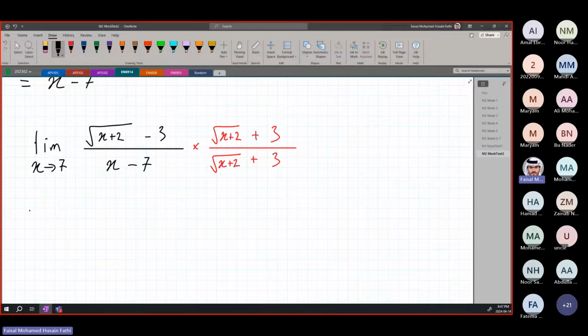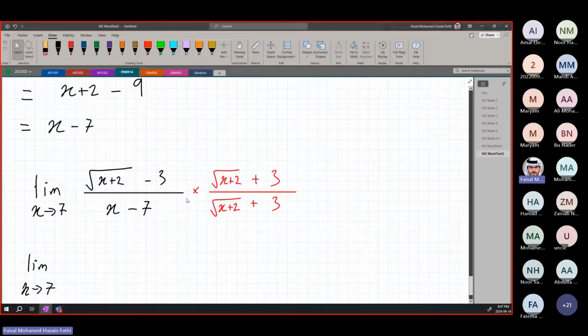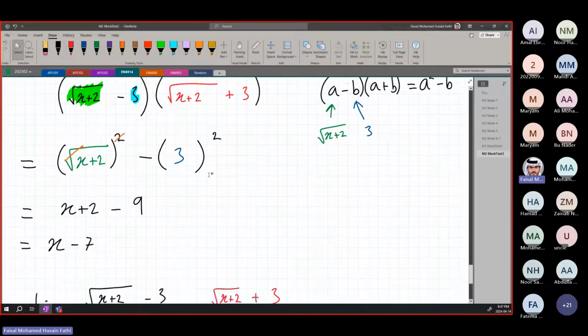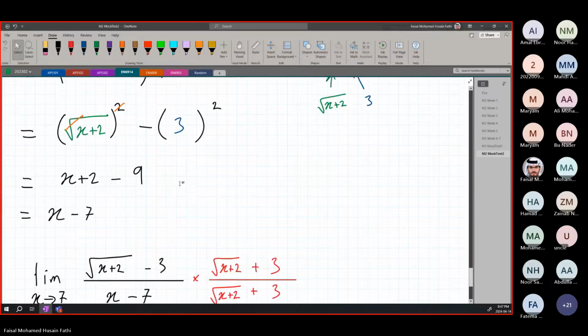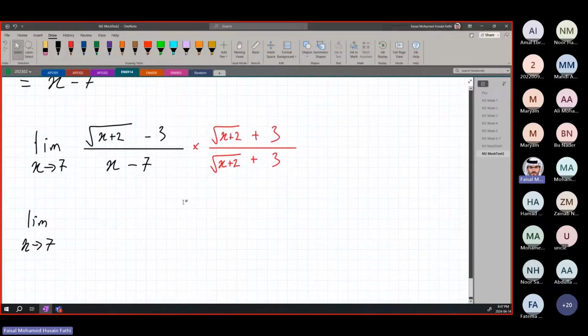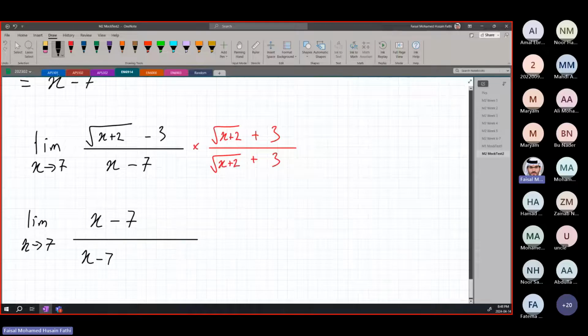This is going to be the limit as x goes to 7. We have already simplified the top part early on, because the top part is just a minus b times a plus b. When we simplified it, we got x minus 7 at the top. And at the bottom, it is going to be x minus 7 times the square root of x plus 2 plus 3.